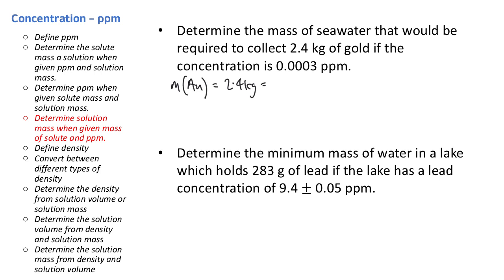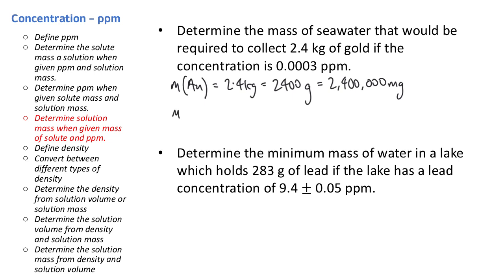But we need it in milligrams because that's going to be the thing that we're searching for. That's the part within the million. So that's 2,400 grams, but then that's 2,400,000 milligrams. That's how many milligrams we're looking for, 2.4 kilograms.